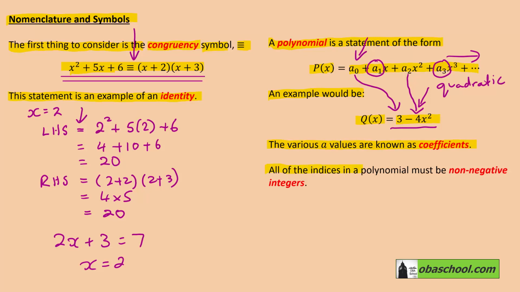All of the indices in a polynomial must be non-negative integers. So if you think about the a0, that's really a0 x to the 0, but we know that x to the 0 is 1. And all of the other powers, 1, 2, 3, are all positive integers.